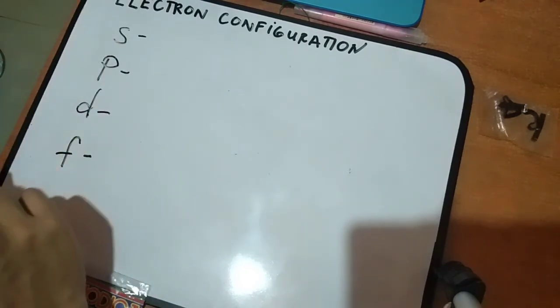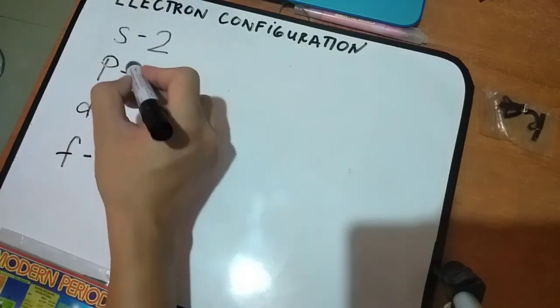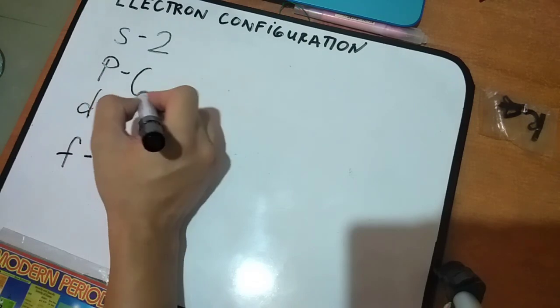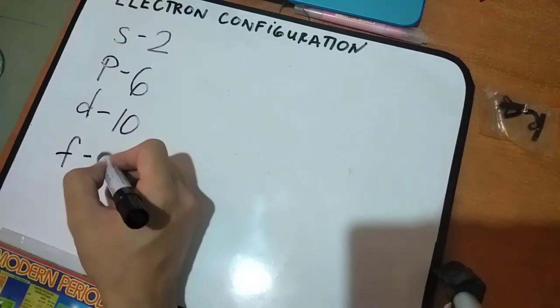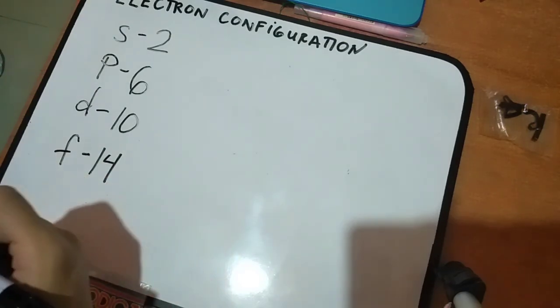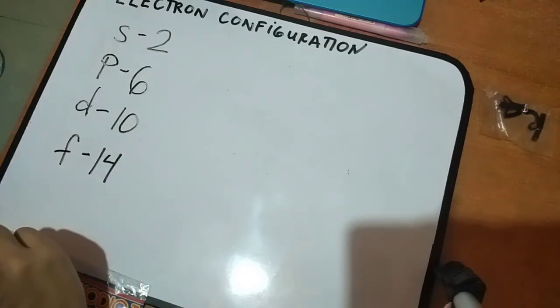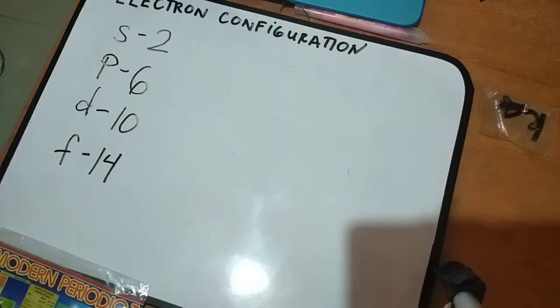Ano yung maximum number? Ang maximum number sa S is 2. For P, it could carry 6 electrons, while D could carry 10, and F would carry 14 electrons maximum. Okay? So, pwedeng magkulang, pero hindi pwedeng sumobra.